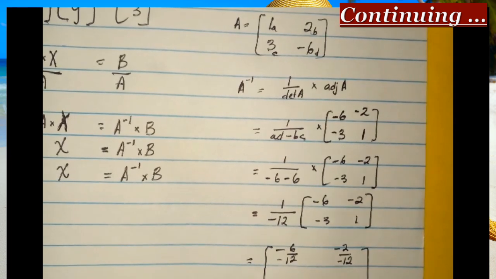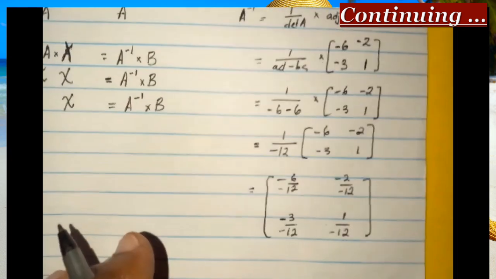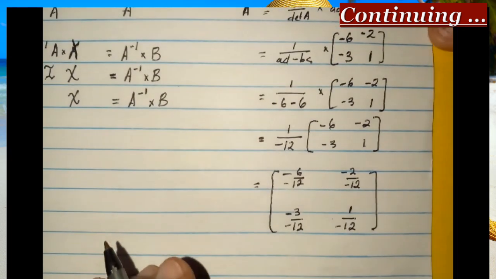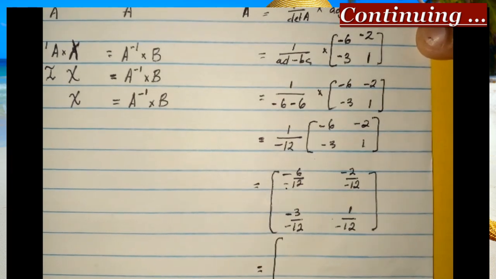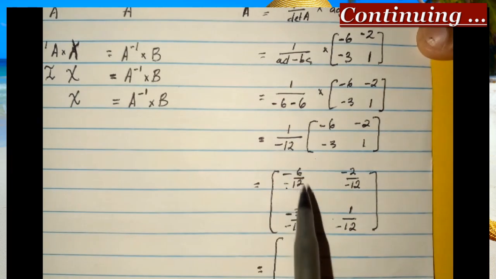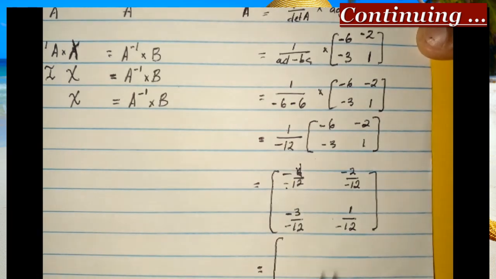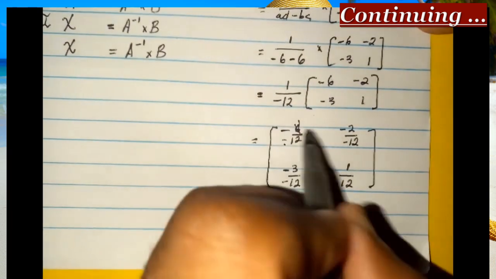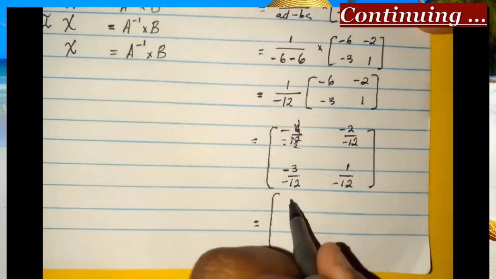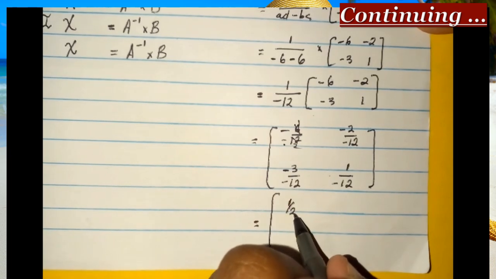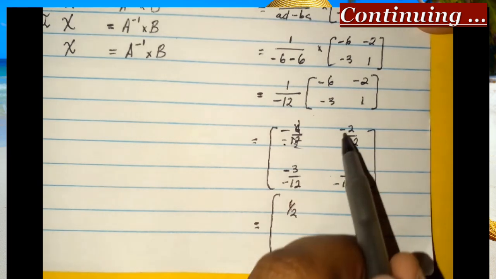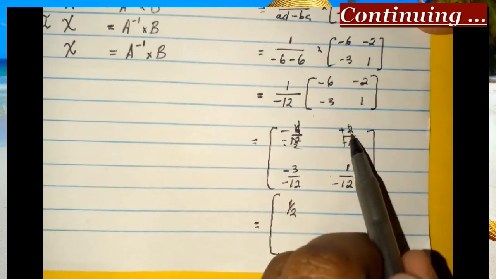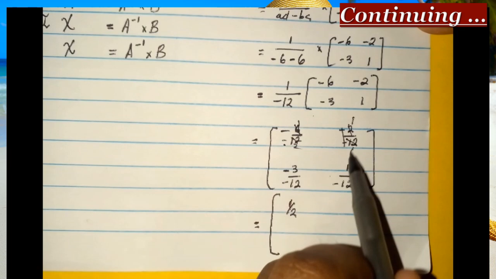And then I can just simplify. Negative divided by negative should give me a positive. And 6 into 6 goes 1. And 6 into 12 goes 2 times. So this is a positive half. Negative divided by negative gives me a positive. So these cancel. 2 into 2 goes 1. 2 into 12 goes 6.